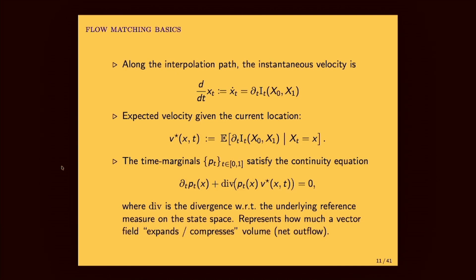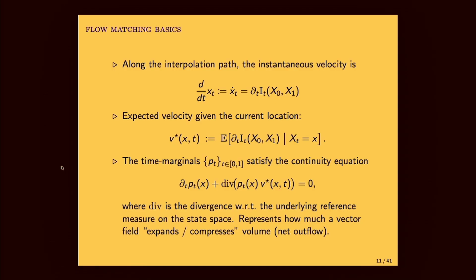So along this interpolation path, you can define the instantaneous velocity as the time derivative of this x_t, which is just the derivative of this interpolation path. And then you also define the expected velocity at the current location as literally the conditional expectation of the instantaneous velocity at a given time, right?